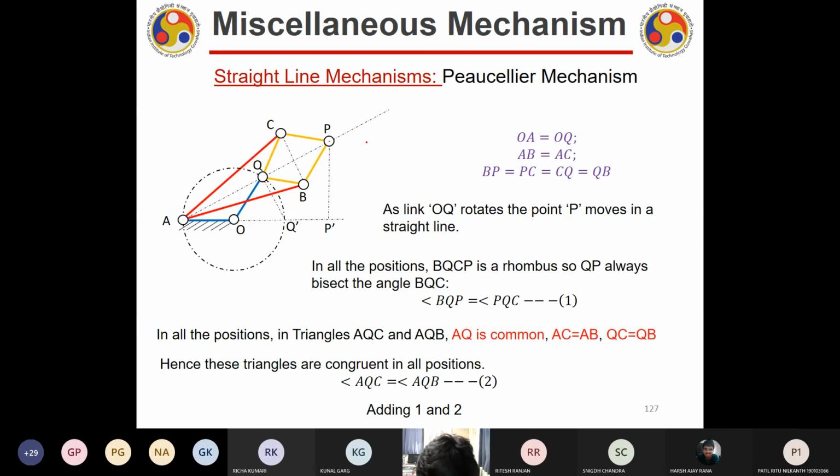All of you calculate the degree of freedom of this. What is the mobility of this linkage? First of all, you tell me. Sir, by logic or by formula? No, formula. Yes, Vedant, what is the answer? What is the degree of freedom of this linkage?